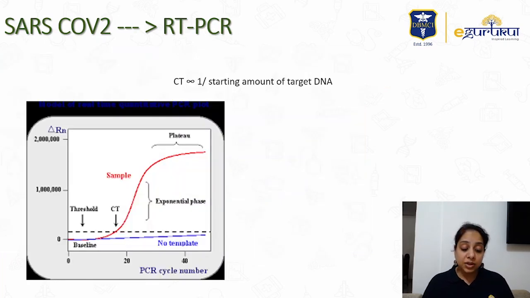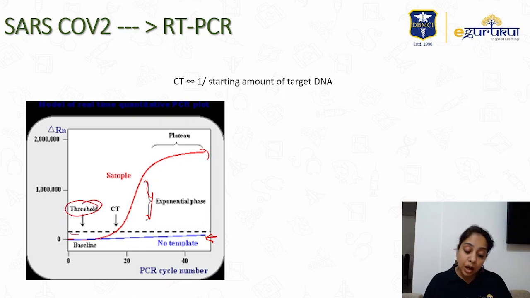Okay, and now this is the real-time graph that we see on the monitor. If we read the graph, there is this baseline in blue, that is the PCR control without the template. And above that, you see the red line, that is the exponential curve which we get via the fluorescence signal. At this exponential phase, the scientist has come up with a threshold value.